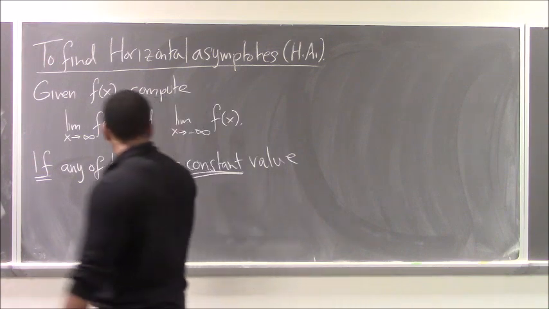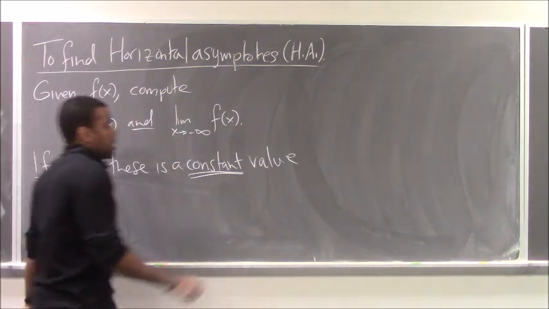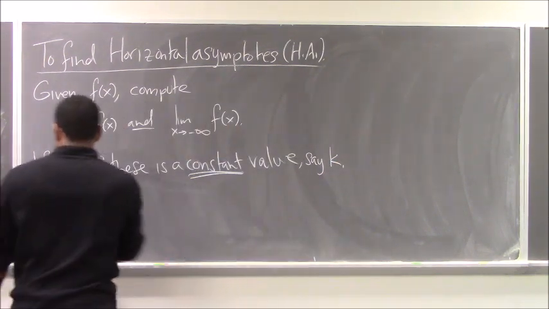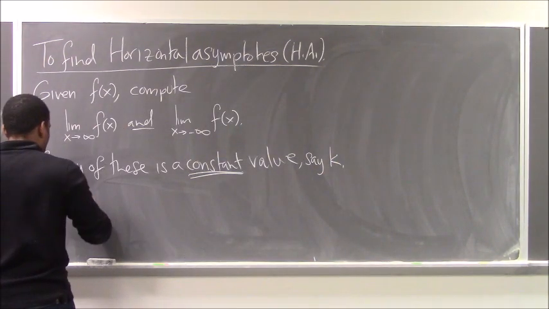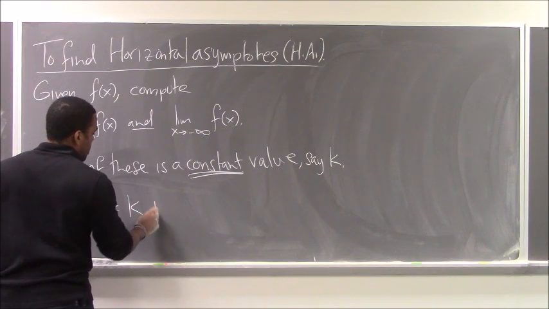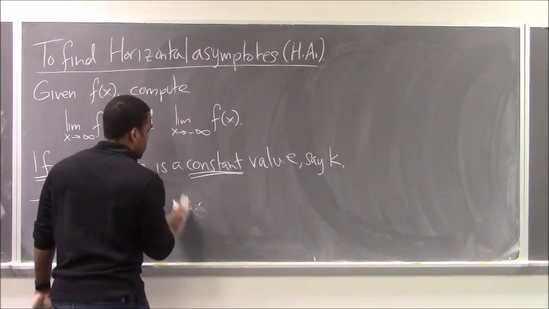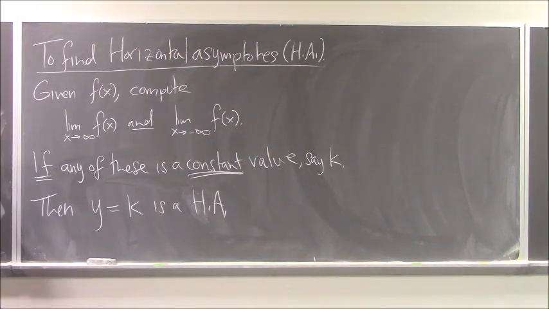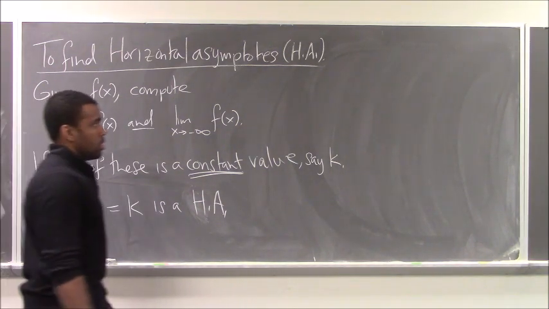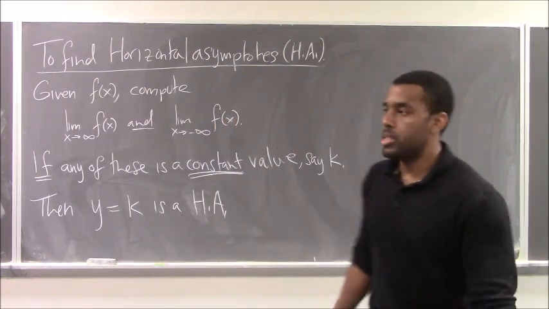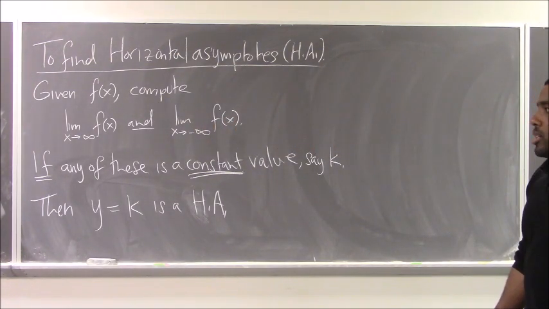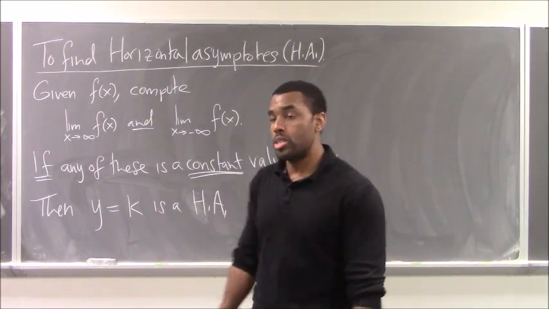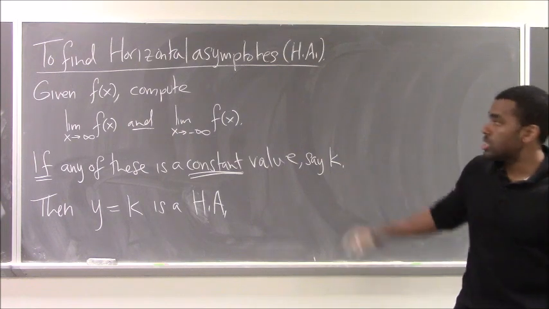If any of these approaches a constant value, say call it k, then y equals k is a horizontal asymptote. That's how you find it. You just take limits at infinity. So as your x-coordinate is going off to infinity, you want to know, is your graph approaching any horizontal line? If you get a constant from either of these.